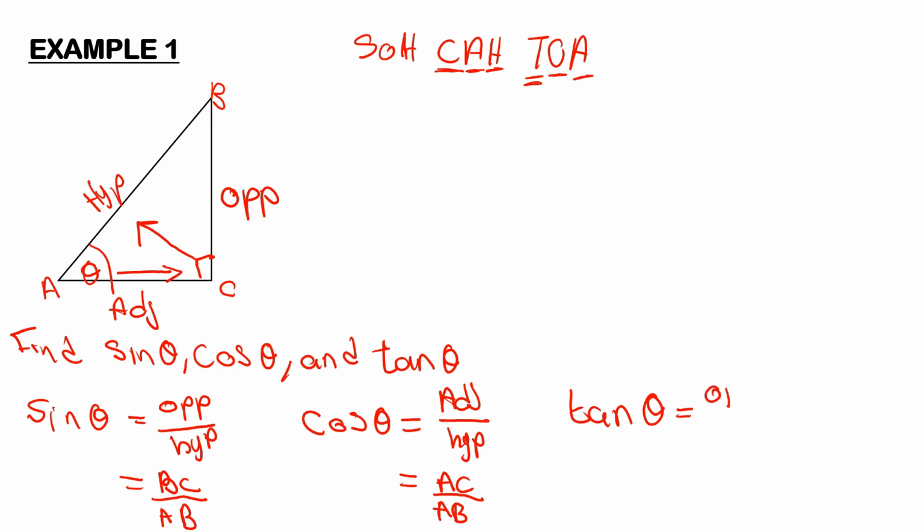What's our opposite? Our opposite is BC, so we're going to write our opposite right there. Our opposite is BC over our adjacent. Our adjacent is AC right there. So we're going to write AC, and just like that, we have found our answers.